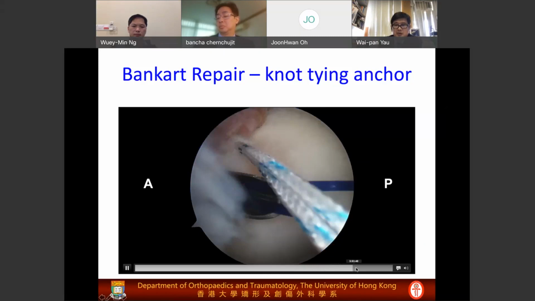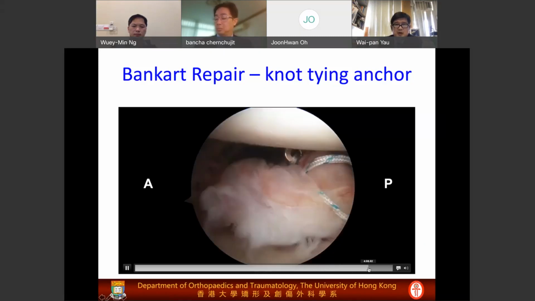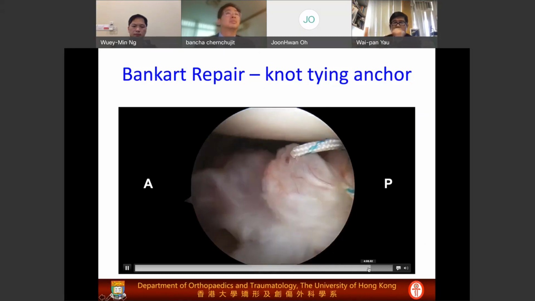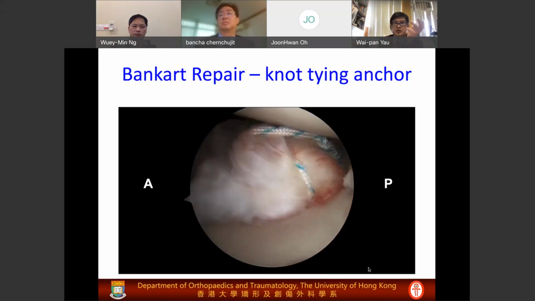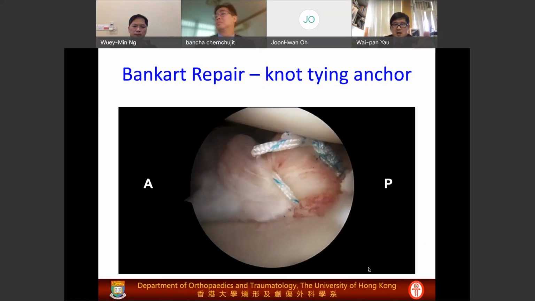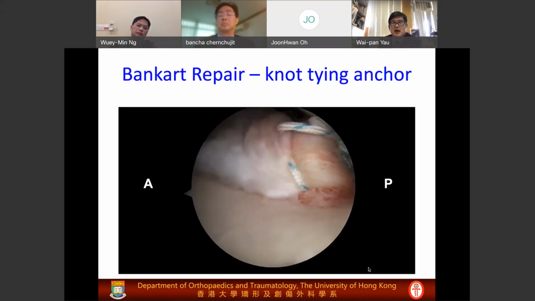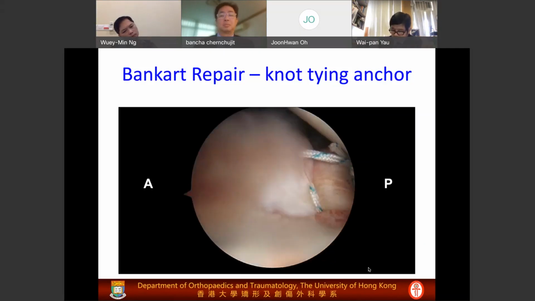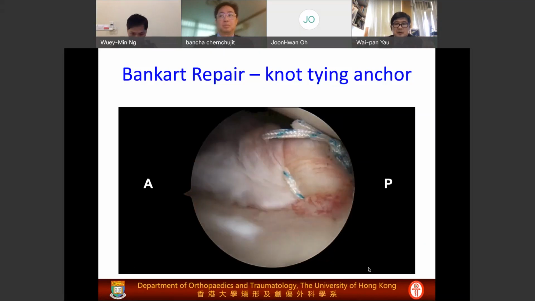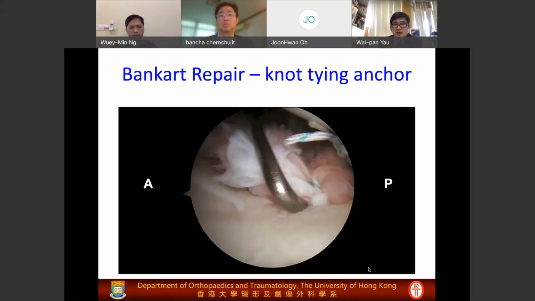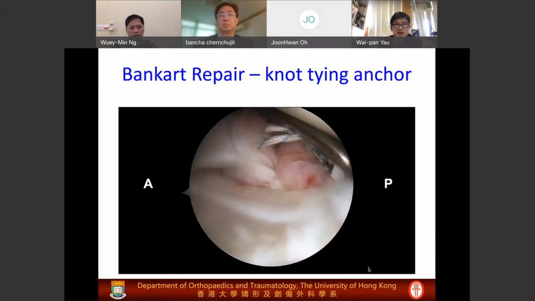I show you at the end of the video. This is the bumper effect. What we want is to achieve such a normal bumper height that restores the normal labral height in the anterior aspect. So this shows you how I perform the Bankart repair, which is very standard for everybody.